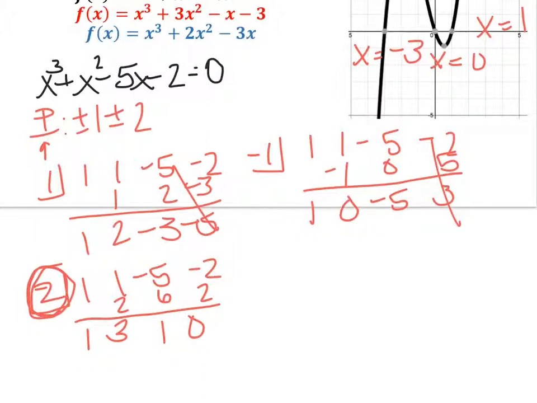So I'm left with x squared plus 3x plus 1. I can't find 2 numbers that multiply to 1 but add to 3, which means I have to use the quadratic formula.